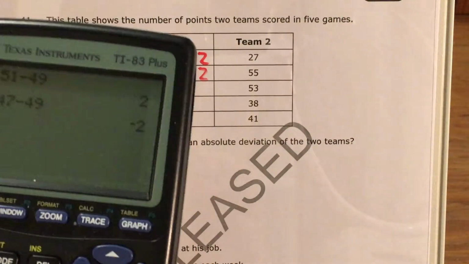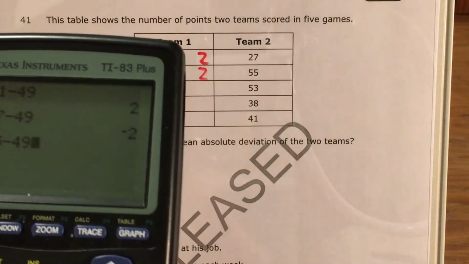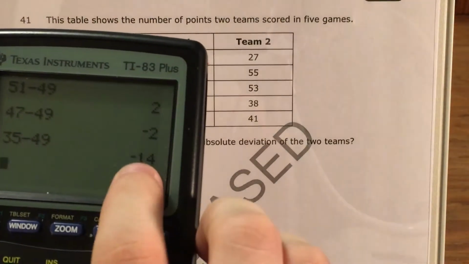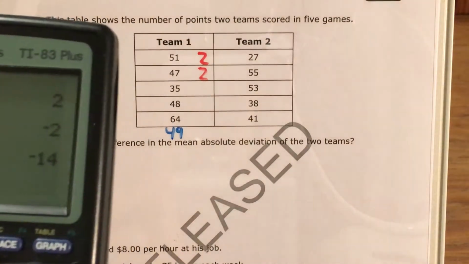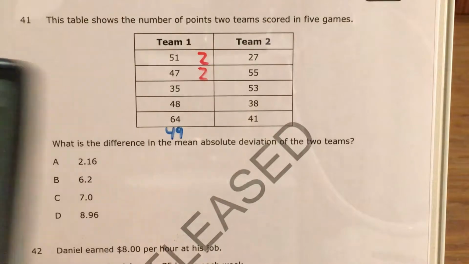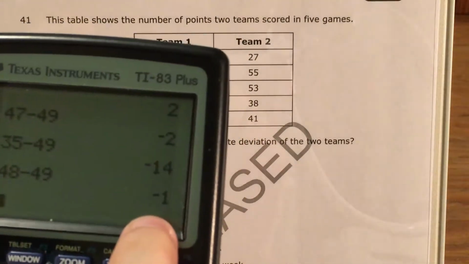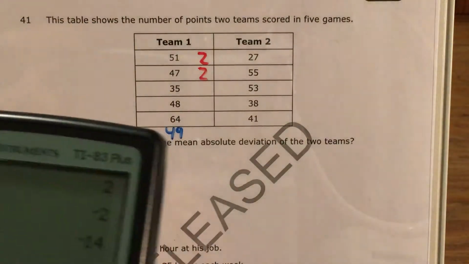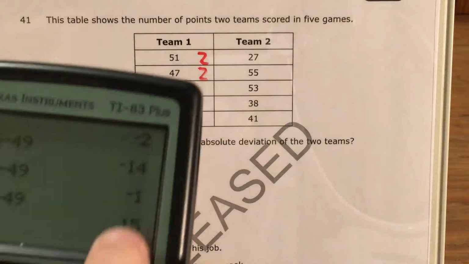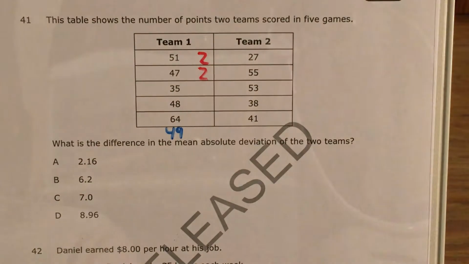So as I keep going, 35 minus 49 is negative 14, so we say that that's a deviation of positive 14, because we keep the absolute value. 48 minus 49 is negative 1, so we call that 1. And finally, 64 minus 49 is 15.